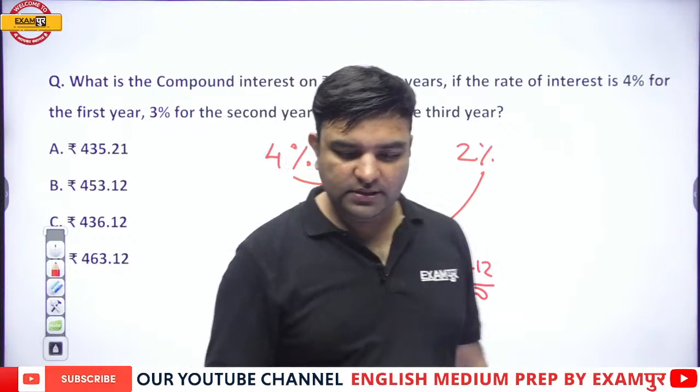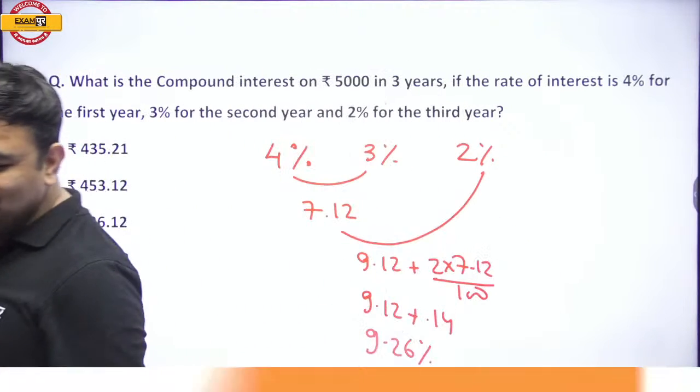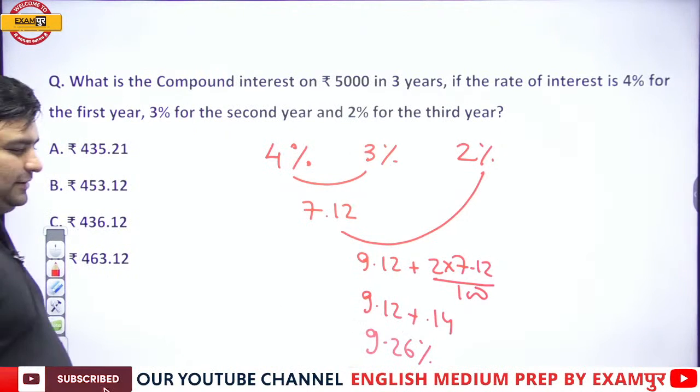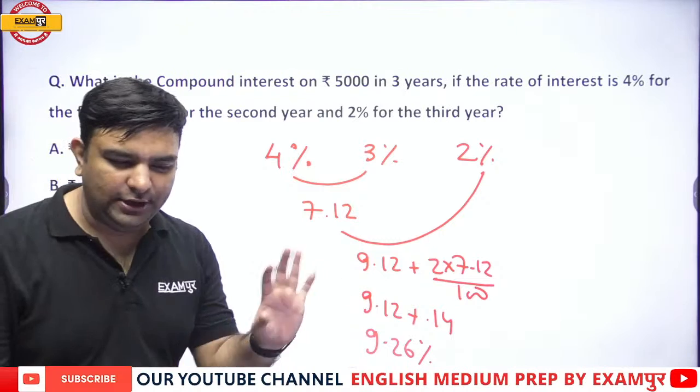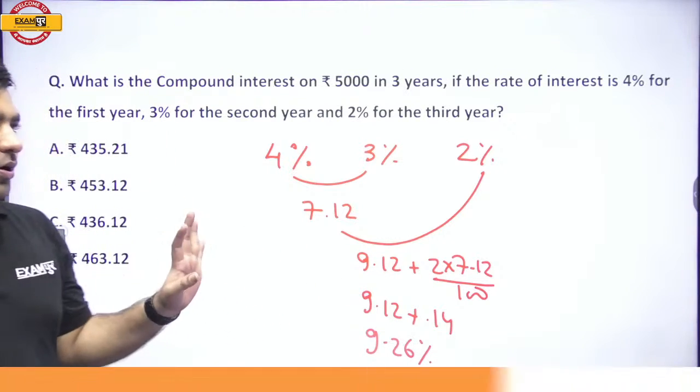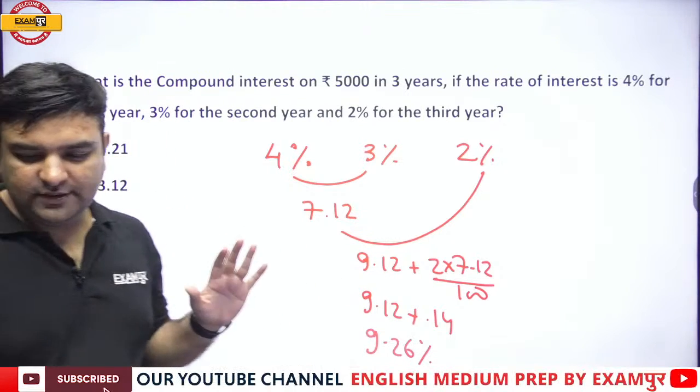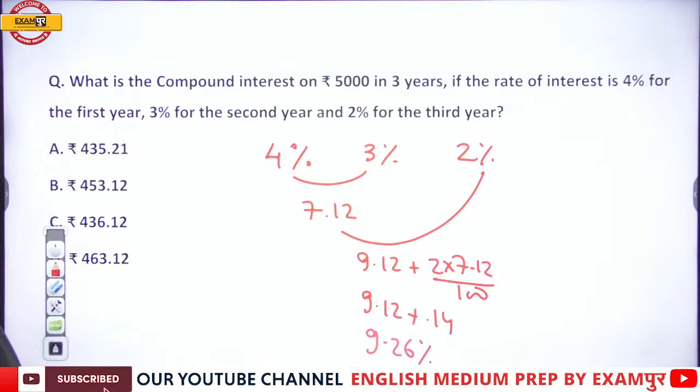So 9.26% is the effective rate. Only 2 places after decimal are sufficient.